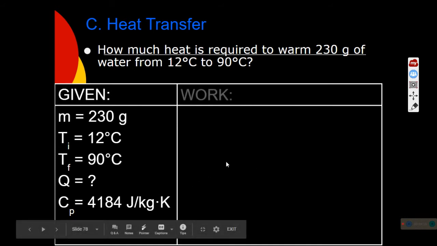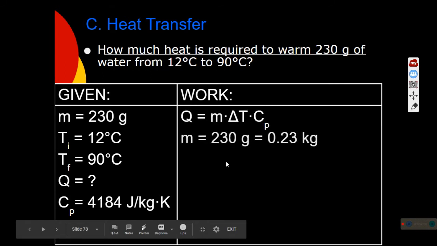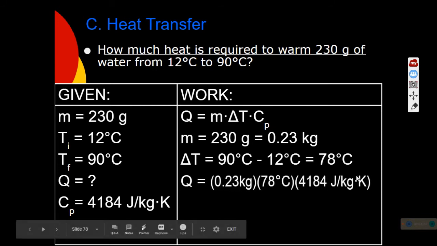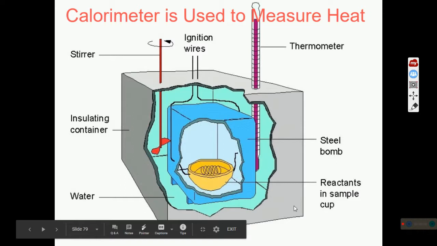So we have 230 is 0.23 kilograms. Final minus initial is 78. So we multiply all three of those together and we get our heat energy added, which is 75,061 joules.